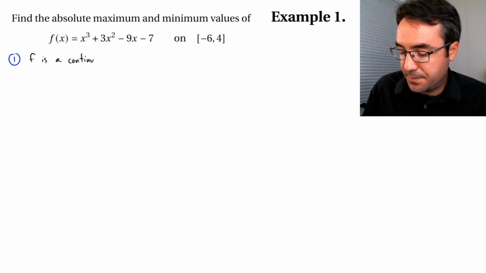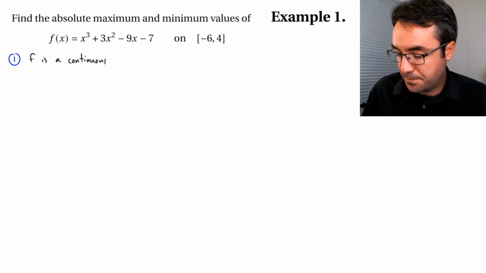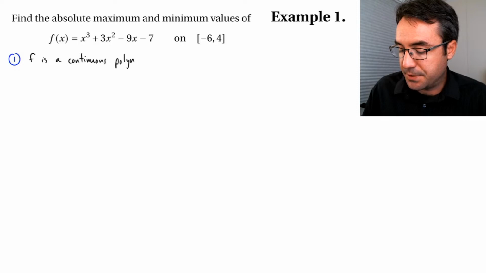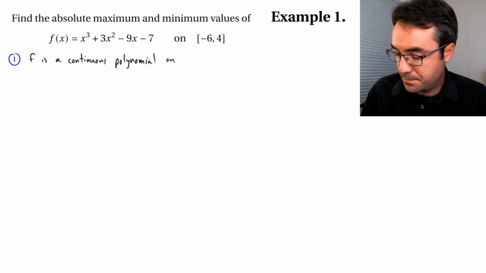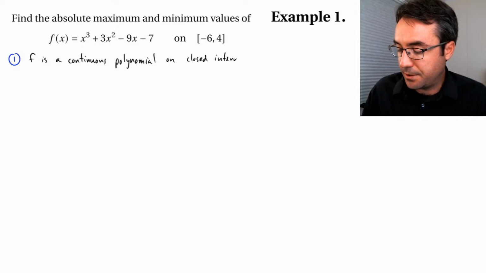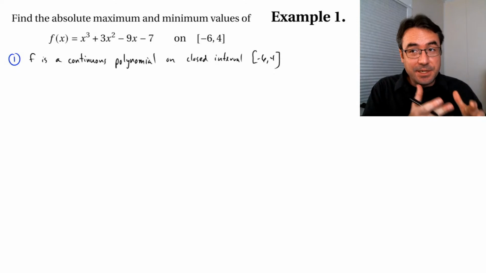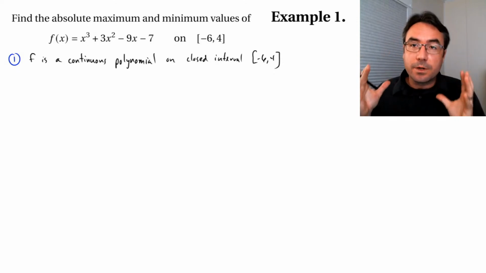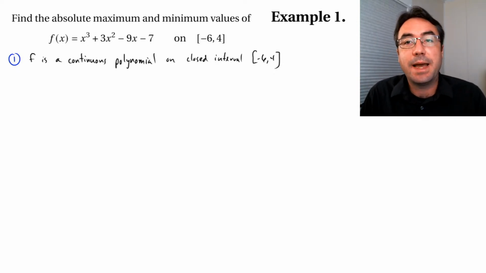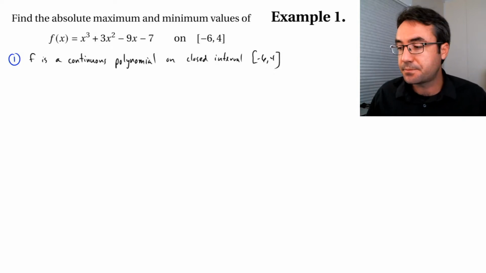It's a polynomial, and polynomials are always continuous. And we're talking about a closed interval here, from -6 to 4. So the extreme value theorem says this is a continuous function on a closed interval, so we're guaranteed to have an absolute max and absolute min. Now let's see how we're going to find them.